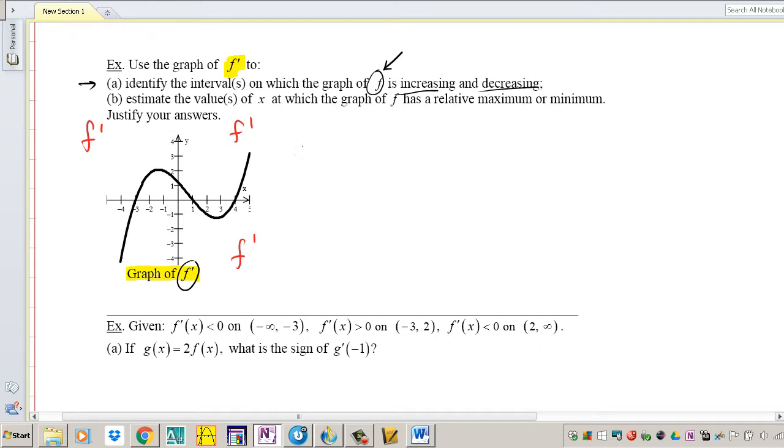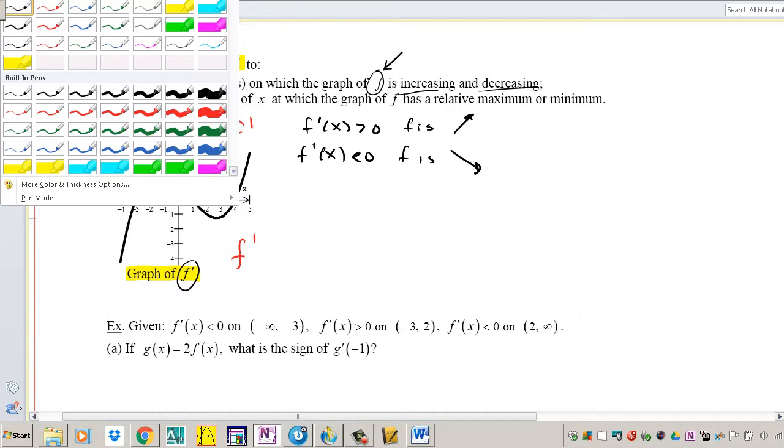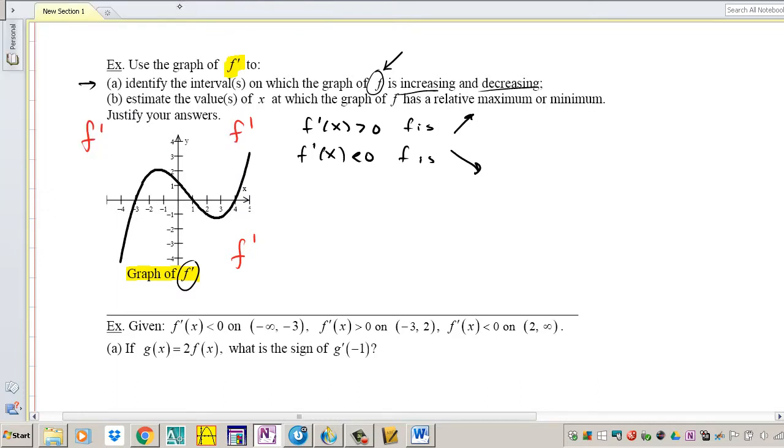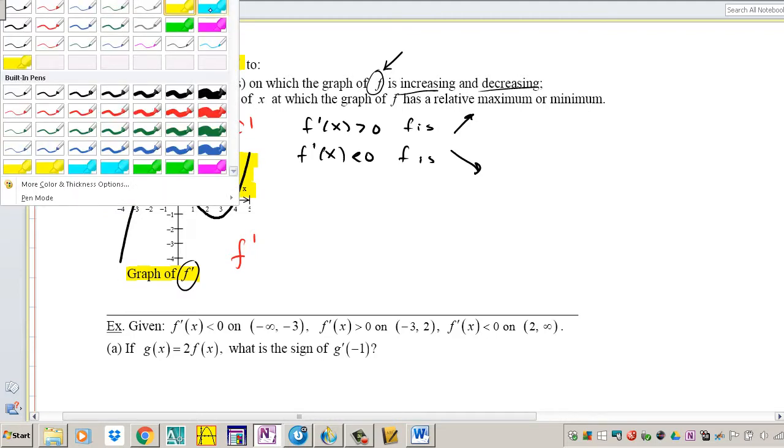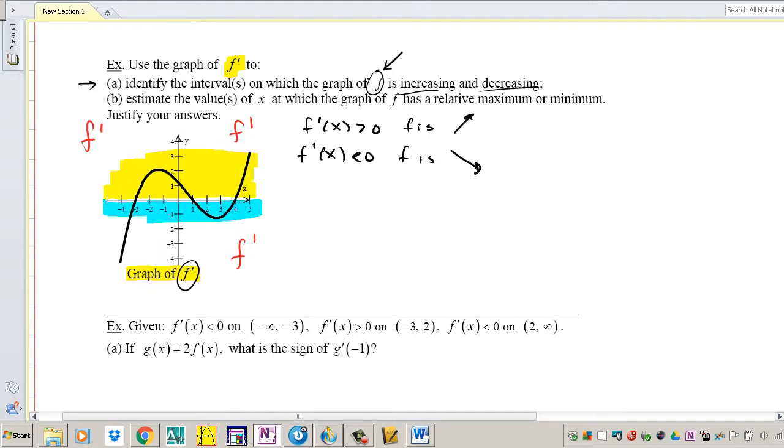So here's what we have to do. We have to go back to our definitions. If f prime is greater than 0, f is increasing. If f prime is less than 0, f is decreasing. So how do we know if the derivative is positive or negative? Well, one thing that you guys should know already is that everything on top of the x-axis is positive and everything on the bottom of the x-axis is negative.